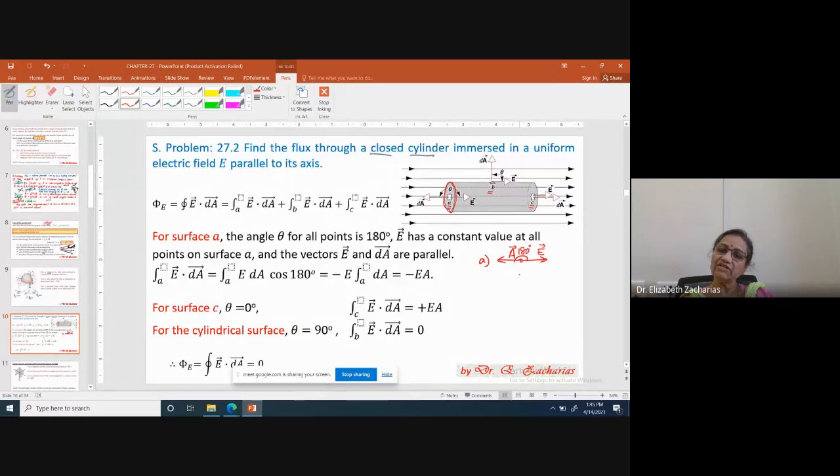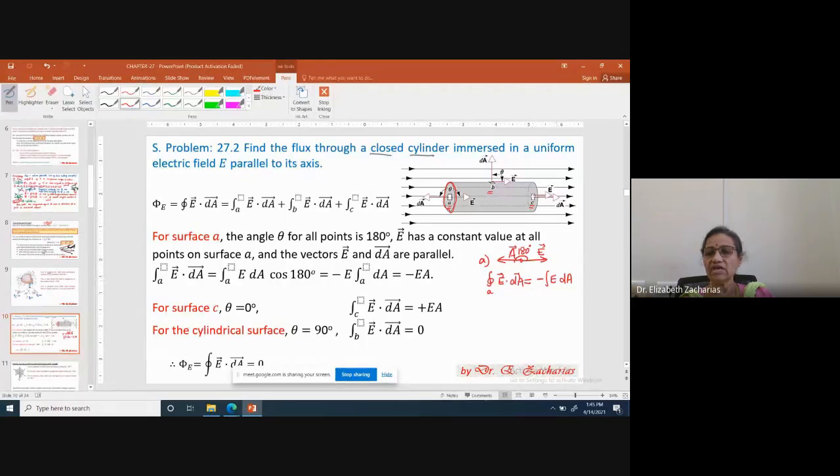You know cos of 180 is minus 1. Therefore, integral E dot dA for surface A will be simply minus integral E dA. I am removing my vector sign here. You must be noticing, E dot dA is E dA cos theta, cos 180, so minus 1.